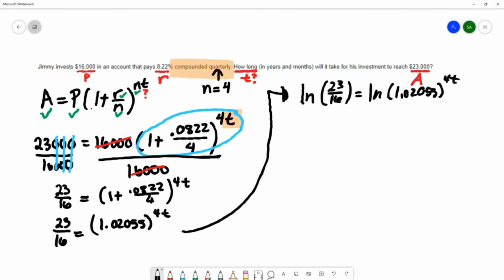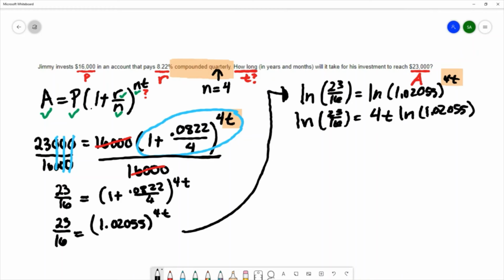Introducing the logs allows me to use a property of logs called the power rule. And the power rule will allow you to take that exponent and make it the coefficient of the log. We have natural log of 23 over 16 equals 4t natural log of 1.02055.